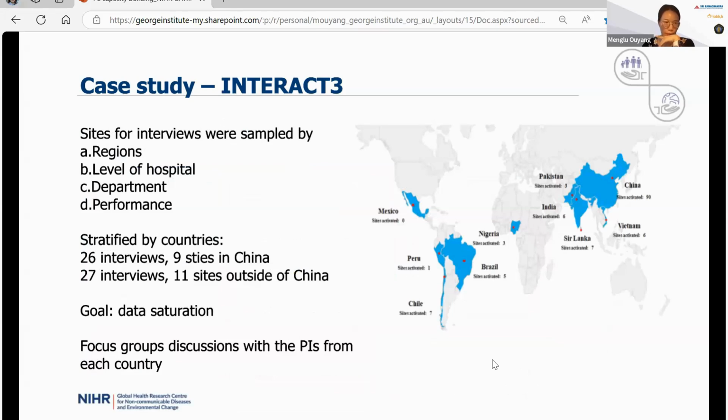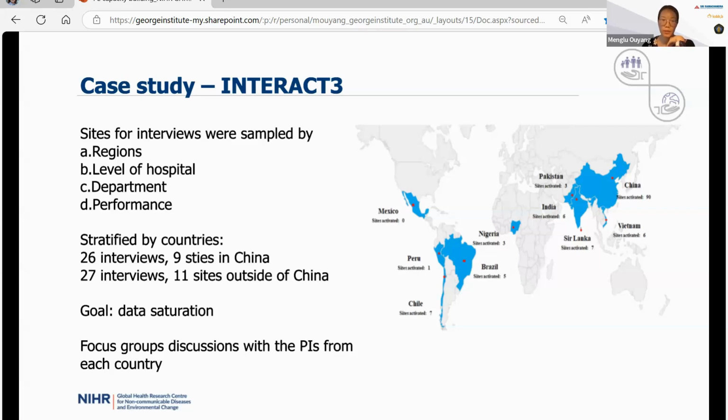So in INTERACT3, we used purposive sampling methods to sample the sites for the qualitative data collection. And we set different criteria, including the region of the participation, such as the country, and also whether the hospital is in an urban, semi-urban or rural area.